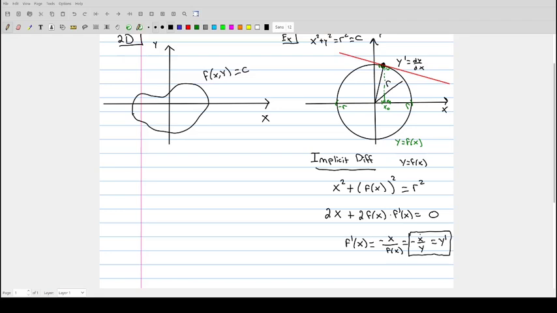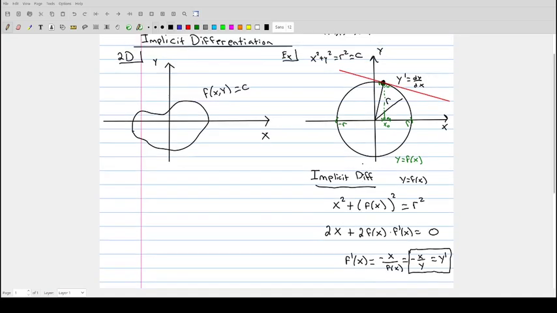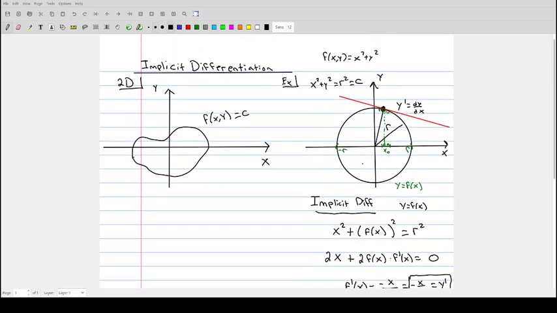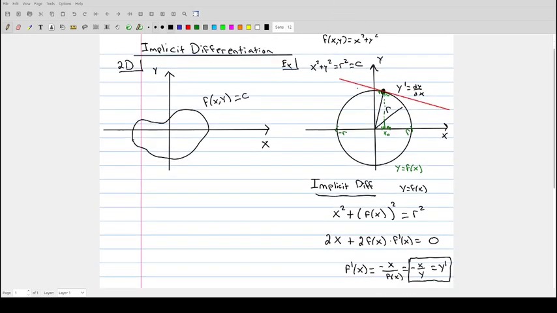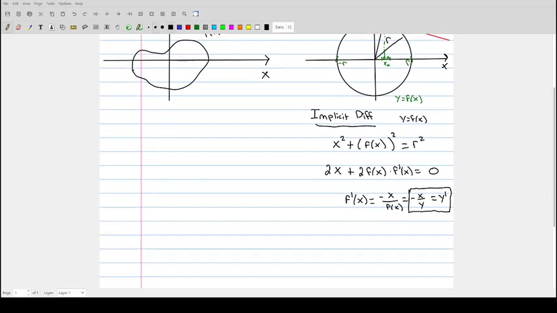So when we view this through that lens, it becomes clear what's actually going on here. In general, we have some multivariable function f that we're looking at a level curve of, and we're actually using the multivariable chain rule when we do this process right here.